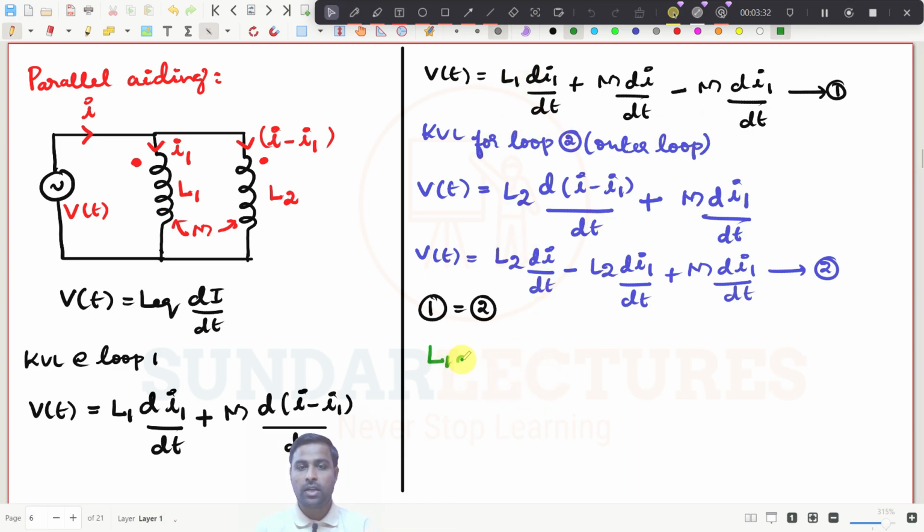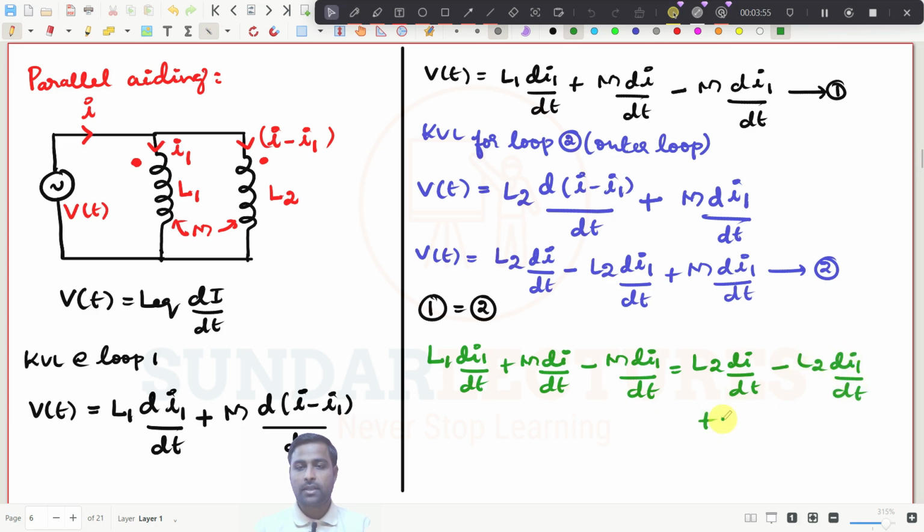So this is L1 di1 by dt, and then plus M into di by dt, and then minus M into di1 by dt, and that will be equal to L2 di by dt and minus L2 di1 by dt plus M into di1 by dt. So what you do now, you just take I1 terms one side and common I terms to the other side, right? I will take it to the next page.